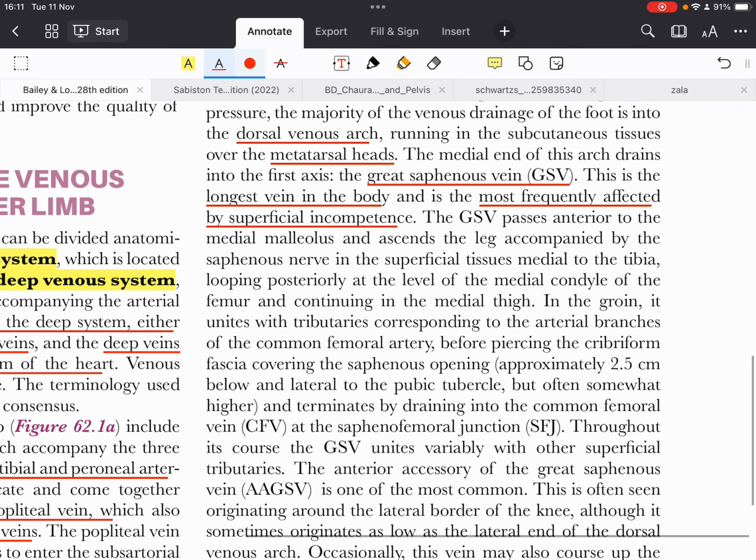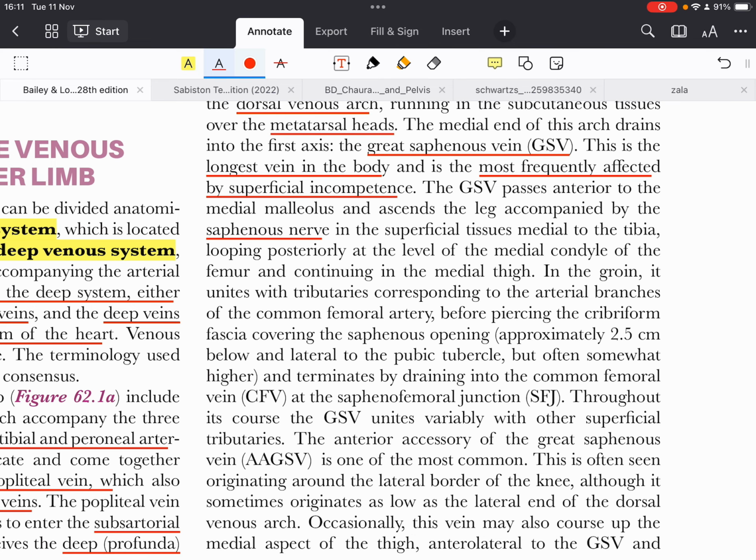The GSV passes anterior to the medial malleolus and ascends the leg accompanied by the saphenous nerve in the superficial tissue medial to the tibia, looping posteriorly at the level of the medial condyle of the femur and continuing in the medial thigh.